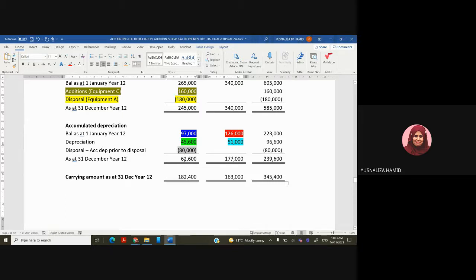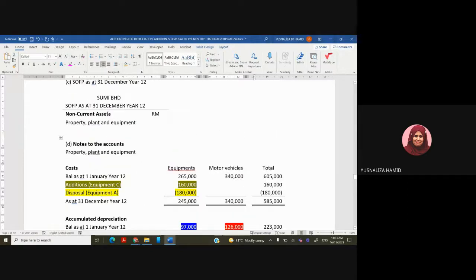So we have this figure, 245 minus 62,600, you have 182,400. The one here, 340, the total, minus 177, you have 163. And if you add up this, you will get this. And this is the one that you will report here, in your carrying amount.